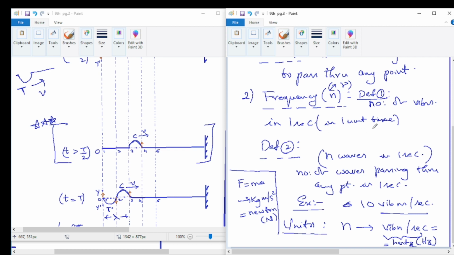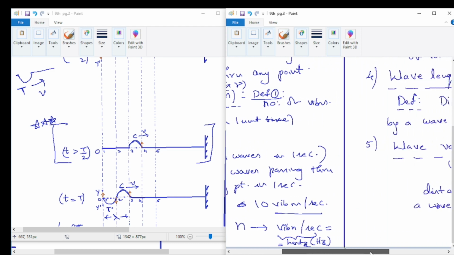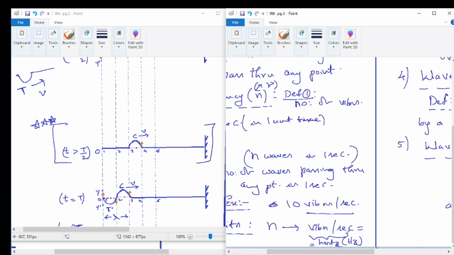So that's a more general definition. A more general definition for frequency is number of vibrations in unit time. But the most practical unit, especially for measuring frequency, is the second. When it's measured in seconds, we express the unit as vibration per second, or more generally vibration per unit time. When it is vibration per second, that is called hertz.